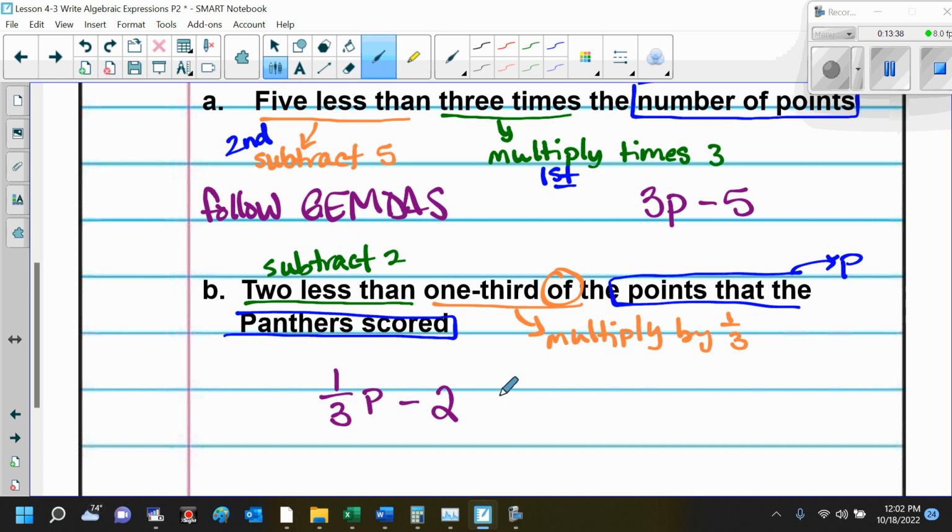And just like what you said, multiplying times 1/3 is the same thing as dividing by 3. Very good. So you could write P divided by 3 minus 2. This means the same thing. Is everybody clear? The only reason I would choose the first is because of the word of, because that means multiply.